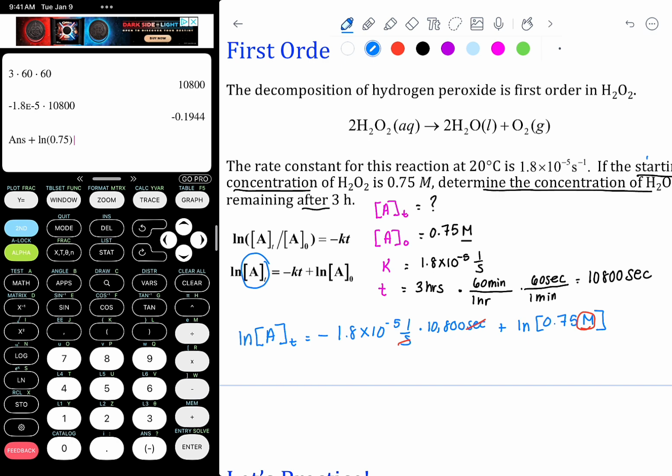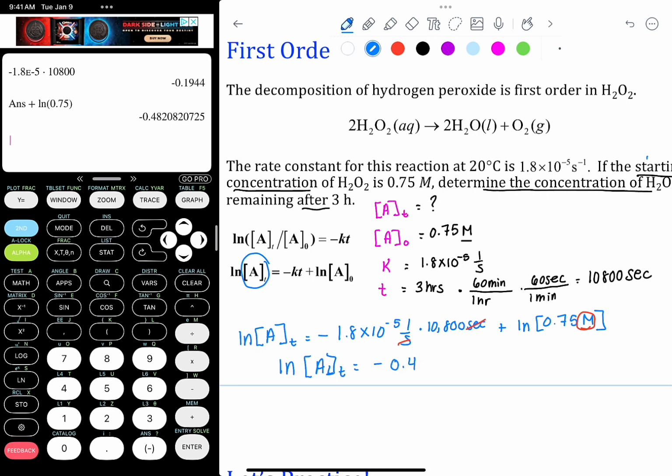So even though it's ln of 0.75, that's still a value, that's still a number. So we get that the natural log of A at time t is equal to negative 0.4828 molar. Now we're not done yet because that's not the concentration, that's the natural log of the concentration.